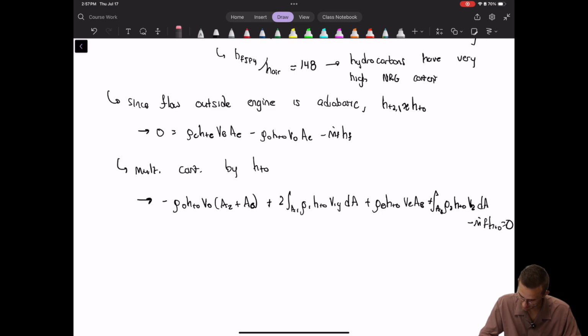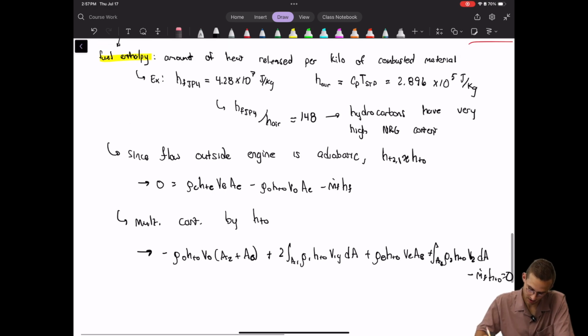Let me clean that up a little bit. And exactly as I just said before, because the flow outside the engine is adiabatic, the two integral terms go away, as well as this A2 there.